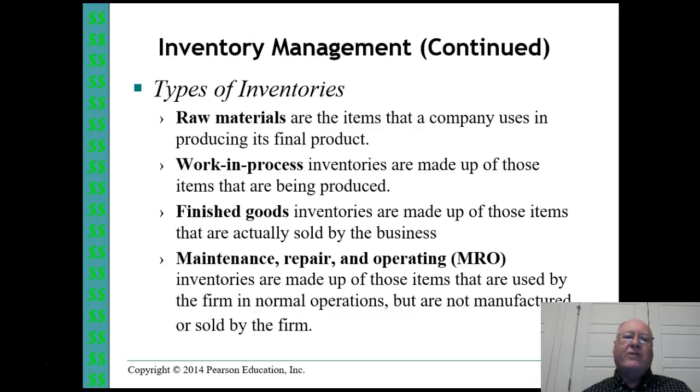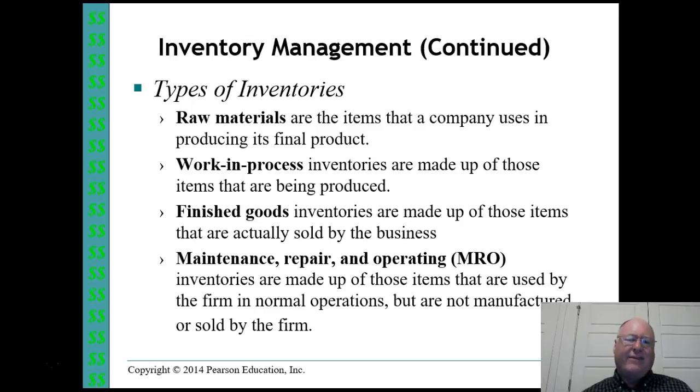And work in process would be those things where they've started a manufacturing line, an assembly line process, and a car is only partially built. And finished goods, of course, is at the far end, when a car is finally completed and it's sitting on a lot ready to be shipped out to a dealer.